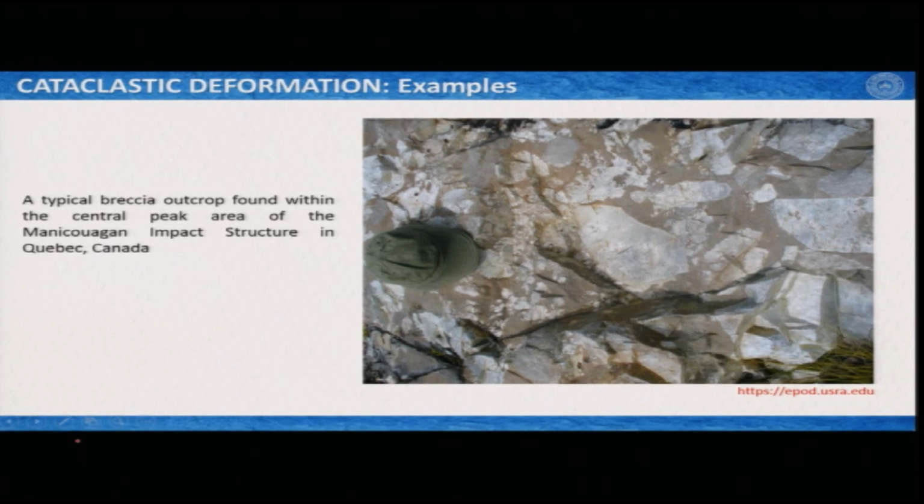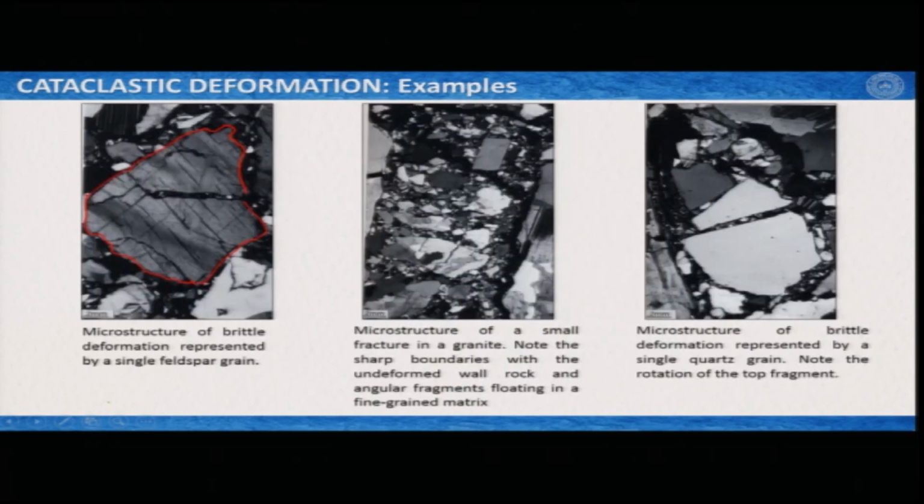These are the cleavages of this grain, you can figure out, and you can see this grain is characterized by fracturing here, here, here, here and so on. So, these are characteristics of cataclastic deformation.